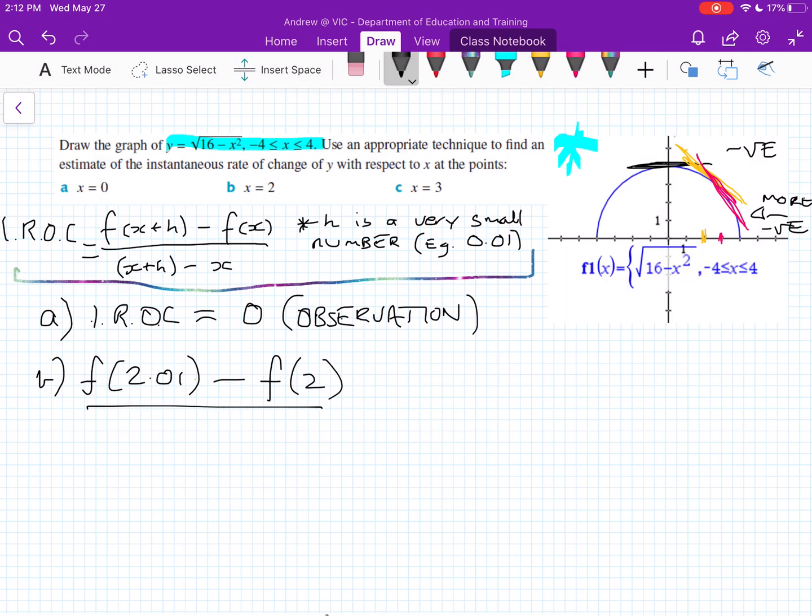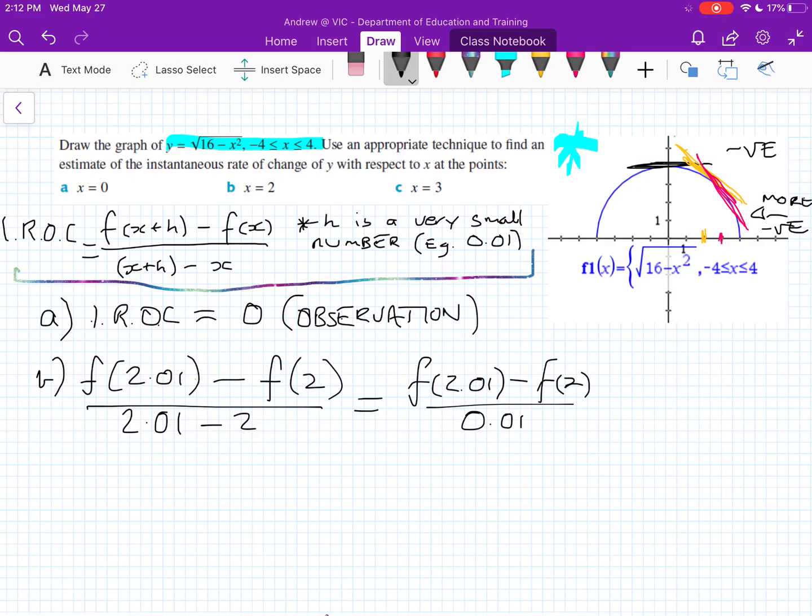All of this is going to be over 2.01 minus 2. So it's equal to f of 2.01 minus f of 2, over 0.01. You can see it's over a really small gap here.